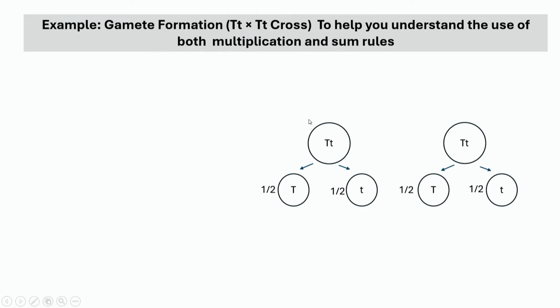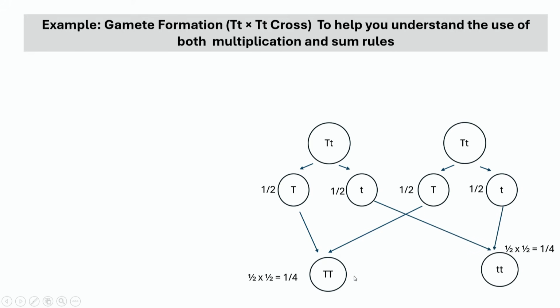So, now let's take this example with the gamete formation exactly the same way. We have a heterozygous male parent, a heterozygous female parent, and getting capital T and a small t from male, 50-50, same way for female parent, and then same way getting tall means capital T together is 1 by 4, means multiplication of half and half, same way for small t.